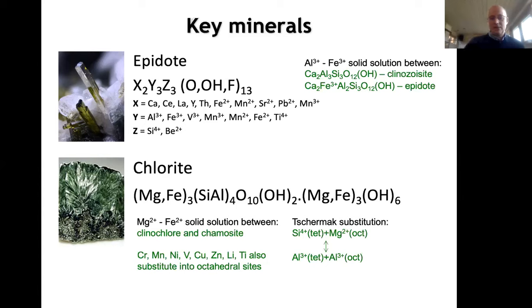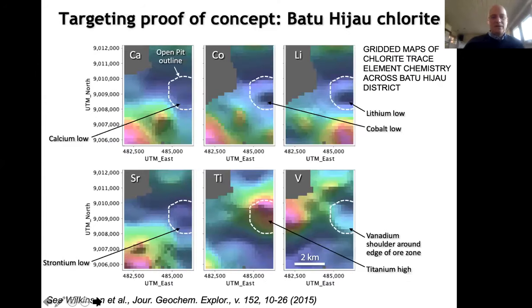Yeah, absolutely. So let me just quickly again illustrate with the slide here. That's absolutely correct. So strontium is mobilized in a whole rock sense, we think, strongly out of the potassic core and the inner propylitic part of the halo. And that's what we think we're seeing in these sorts of maps. So we see a similar thing at El Teniente as well. There's a large area of strontium low in the chlorite, not just in the whole rock, but you see it in the chlorite.